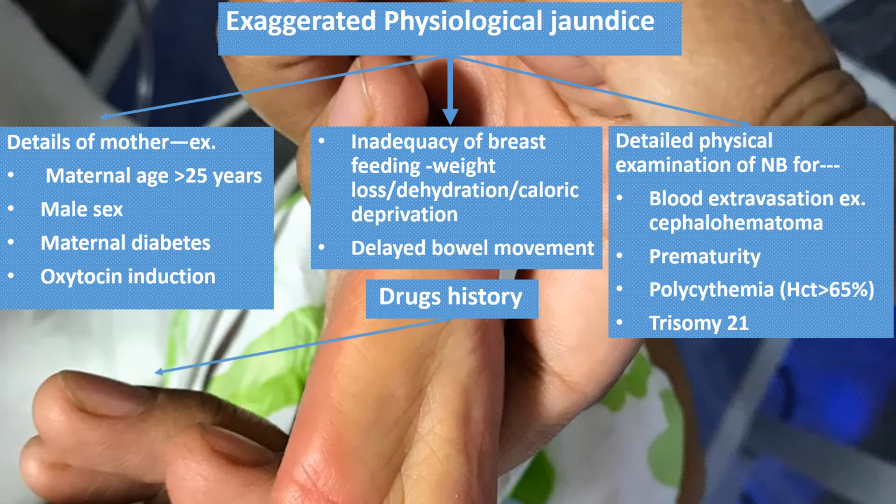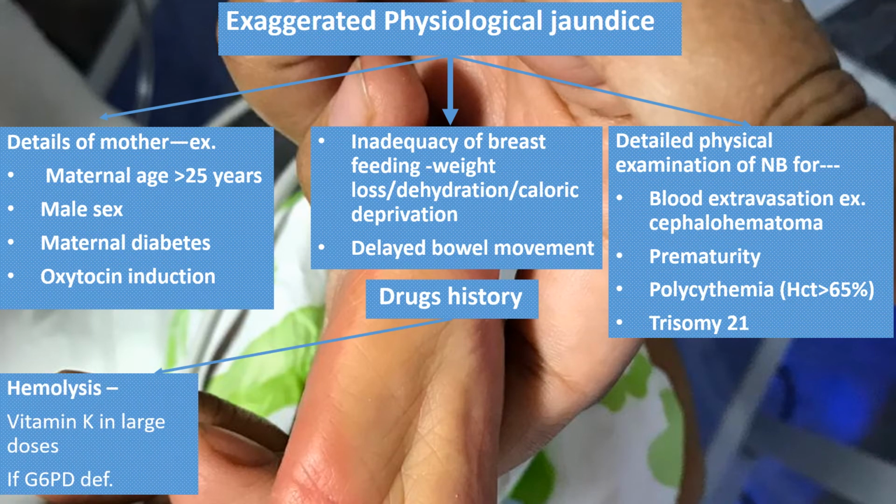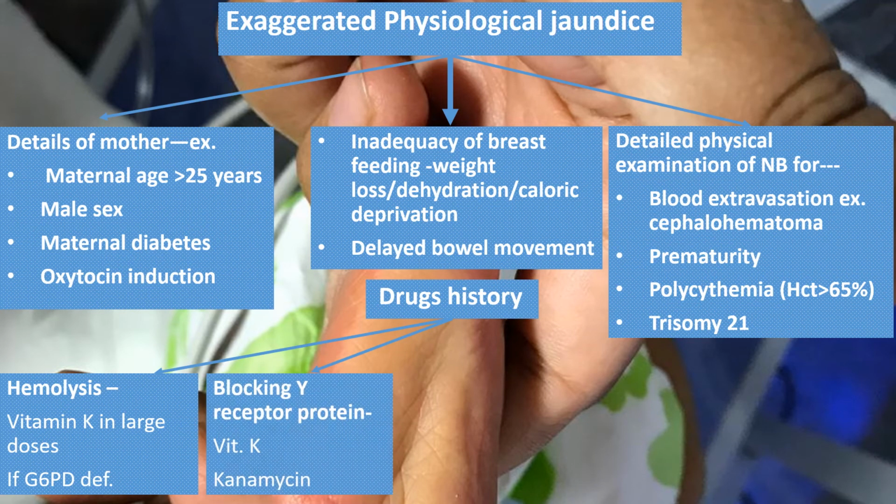And also take the drug history, because vitamin K in large dose, and various other drugs cause hemolysis in G6PD patients. So always take the detailed history of the drugs. There are drugs which block the Y receptor protein.